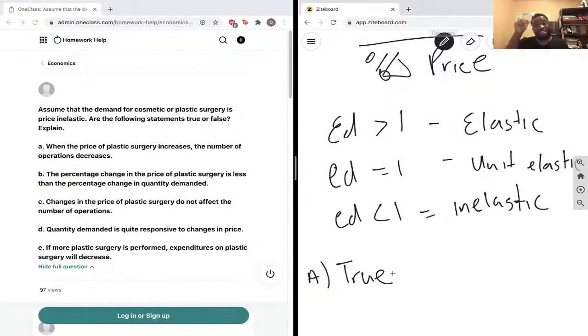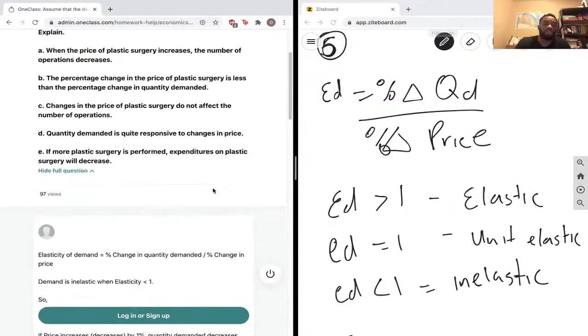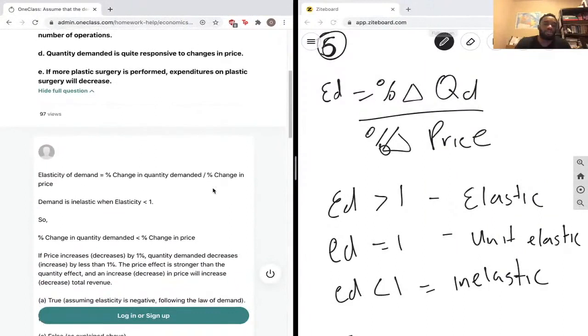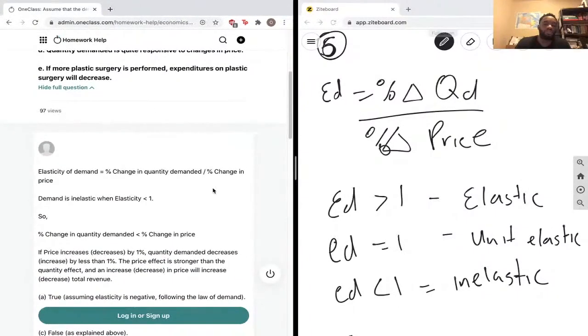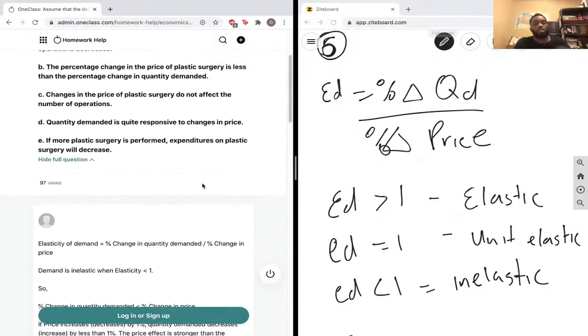Because if price is increased by 1%, the change in cosmetic surgery would be by less than 1%. So that should be correct. And our tutor here says this is true, assuming elasticity is negative, following the law of demand.